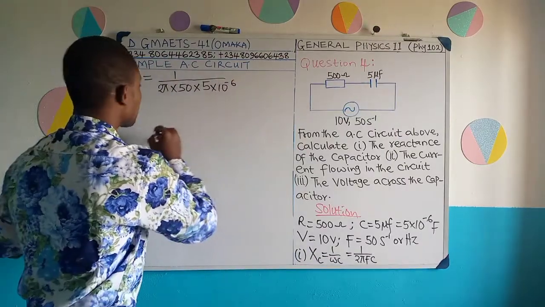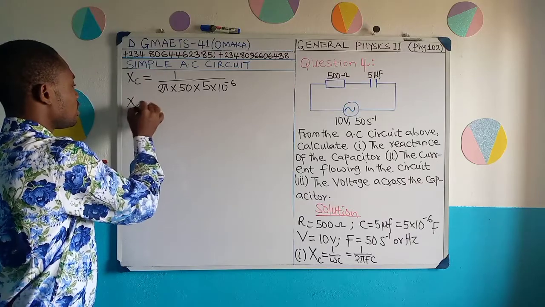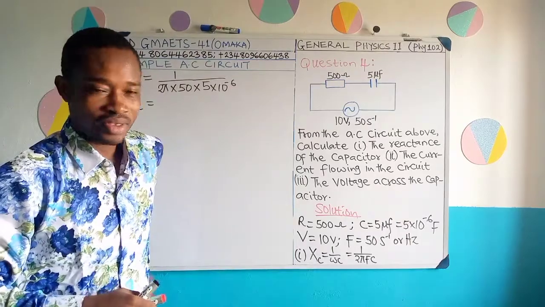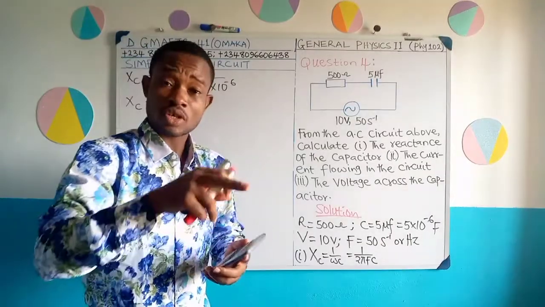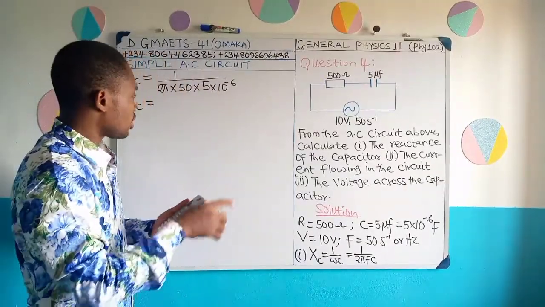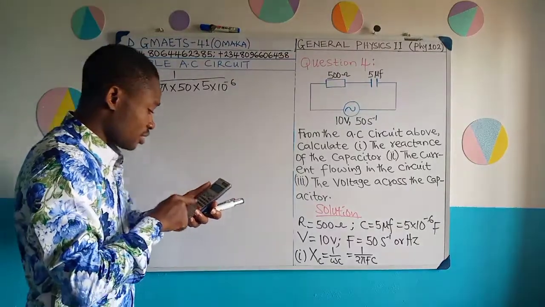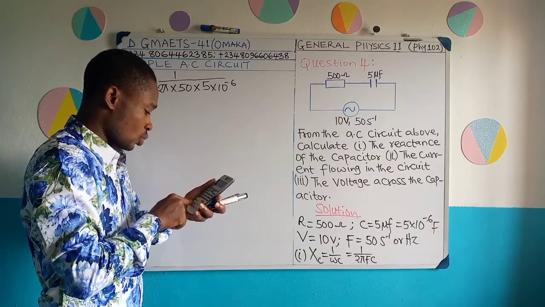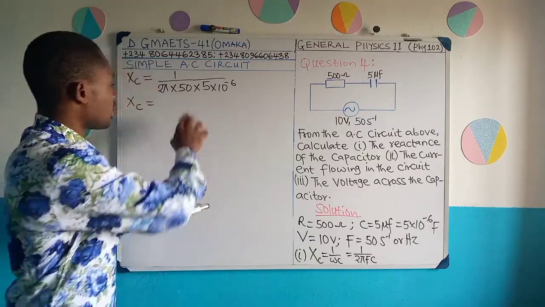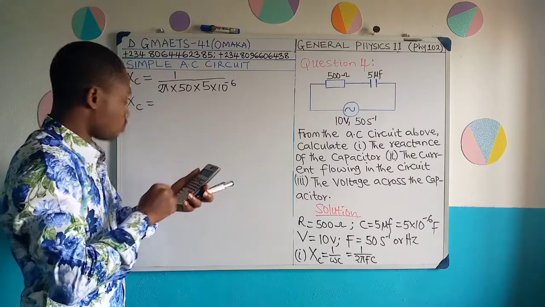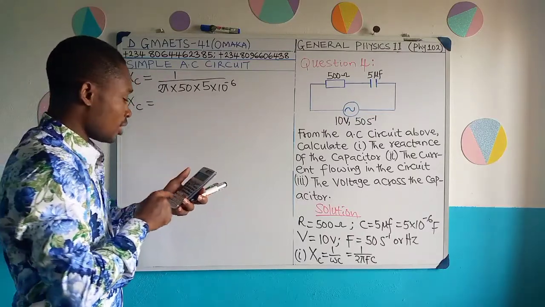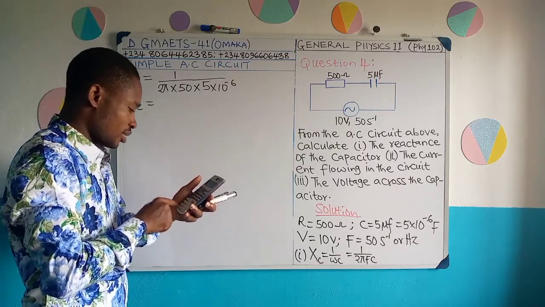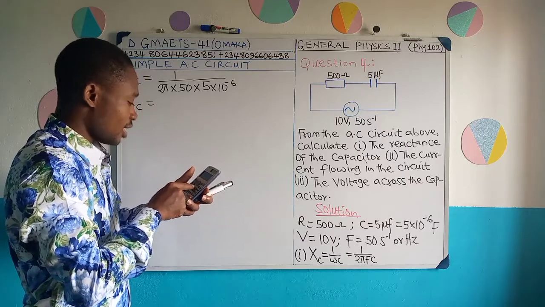the power minus 6. If you work this out, the capacitive reactance of the circuit, the opposition offered to the flow of current by the capacitor, is going to be given by this. So we have 1 divided by, you can put all this term in the denominator in a bracket, so that's going to be 2 pi times 50 times 5 times 10 to the power of negative 6.